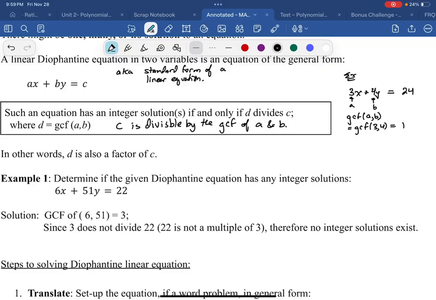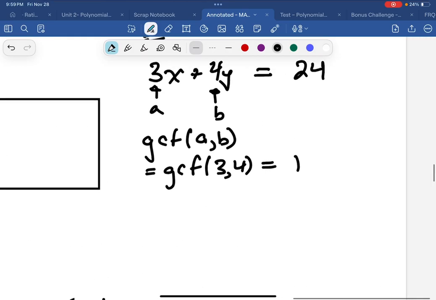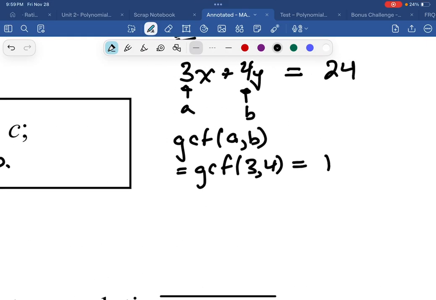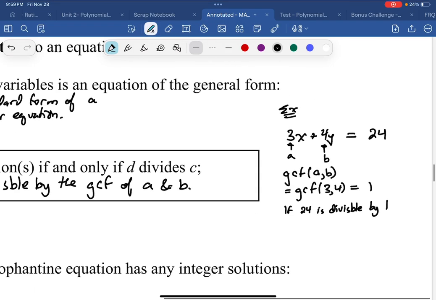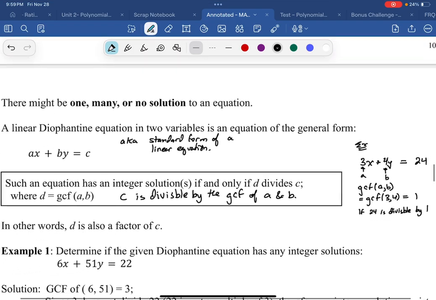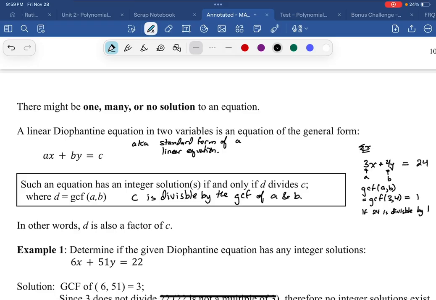If you look at the example that they have here, the greatest common factor of 6 and 51 is 3, because 3 is the largest number that divides evenly into 6 and 51. So what this is saying is, if 24 is divisible by 1, which it is, there must be an integer solution.